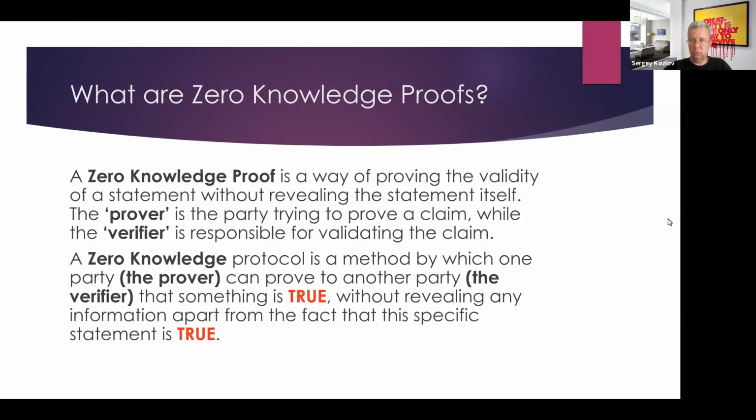So yes or no, true or false. And the verifier by no means will know, or is able to understand, your specific birth date. They don't know your surname, your name, your birth date. They only get this proof that you're 21 years old, and that's it. So that's the whole idea around zero-knowledge proof.